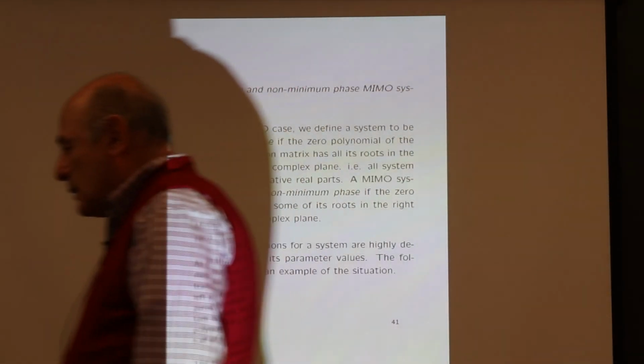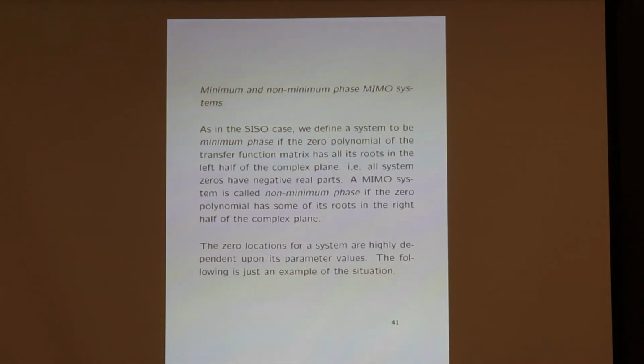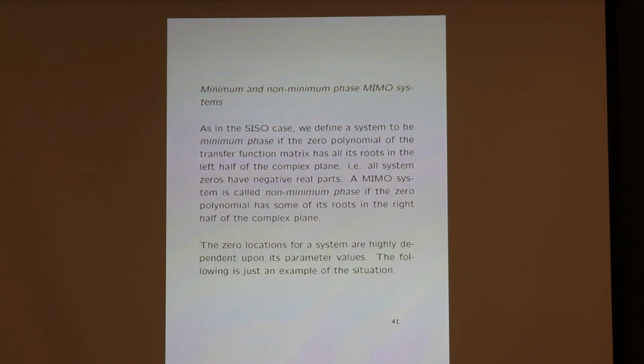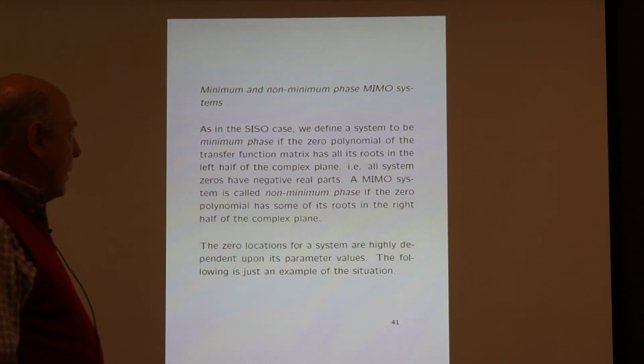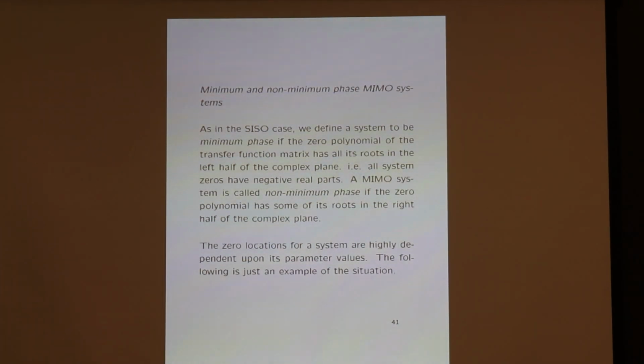So what do we understand by minimum phase or non-minimum phase systems? Well, it has to do with the stability of the zeros in the transfer function matrix. If the zeros are stable, then the outputs are said to be minimum phase. If the zeros are unstable, or one of the zeros is unstable, that instability tells you that the system is non-minimum phase.